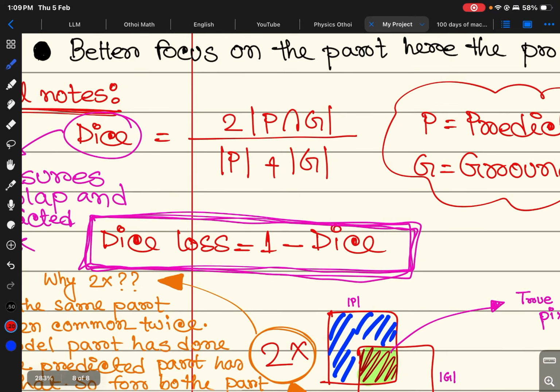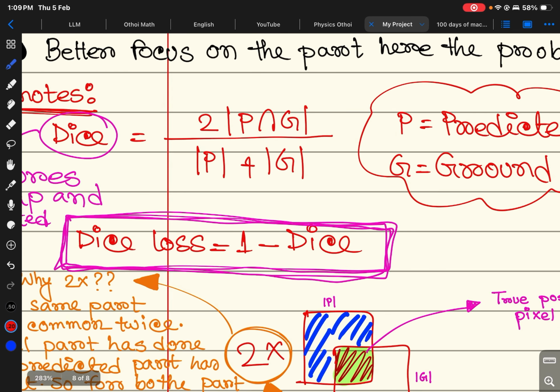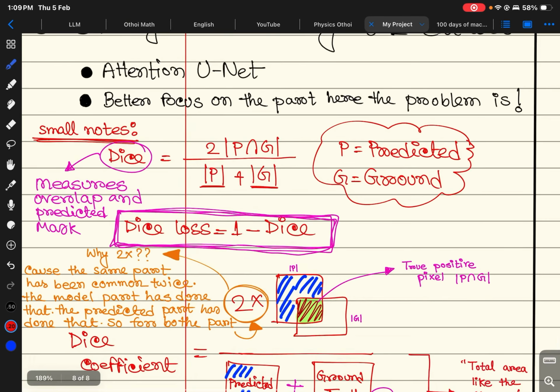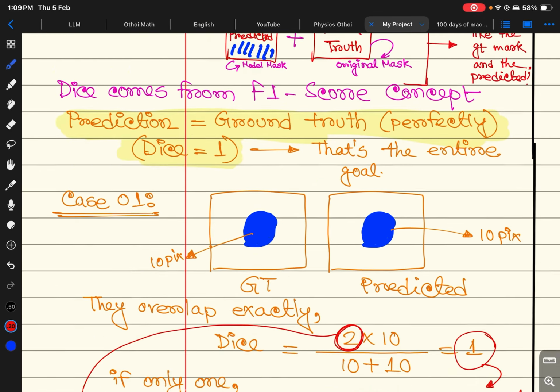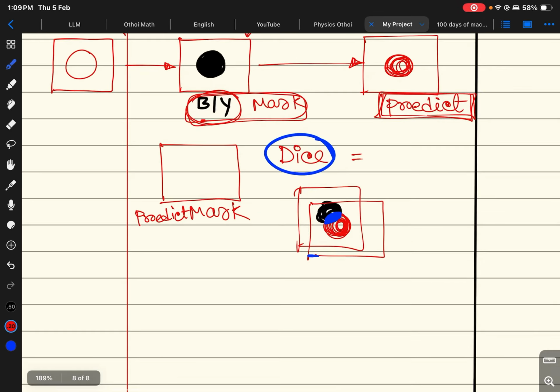Here's the formula. Dice is equal to 2 times the predicted mask intersecting the ground mask, divided by the predicted mask plus the ground mask. And here the dice loss would be 1 minus dice, because here we can see that we didn't cover all the portions.